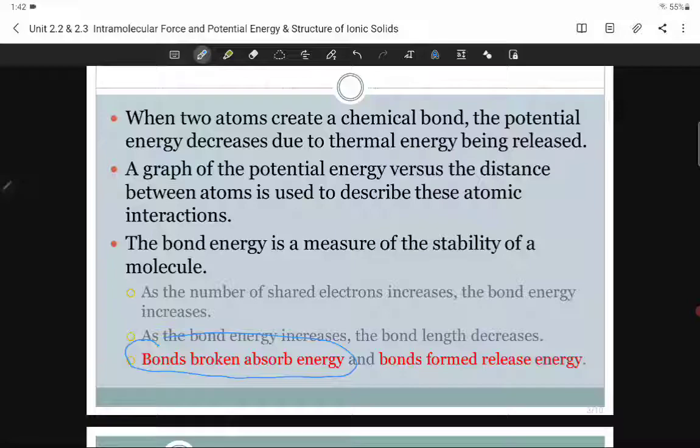If you break a bond, a carbon-carbon bond, a carbon-chlorine bond, a sodium-chlorine bond, any atomic bond, that bond has to absorb energy. If you form a bond, energy is released. And I think most people from bio get this mixed up.